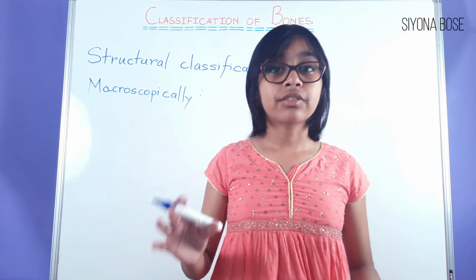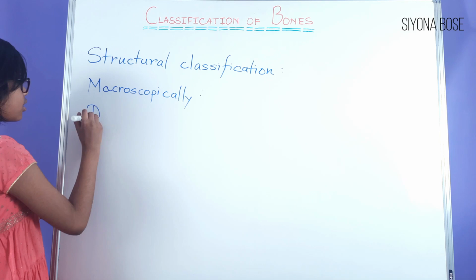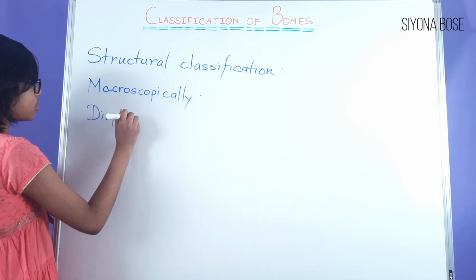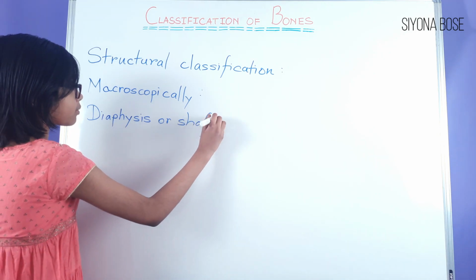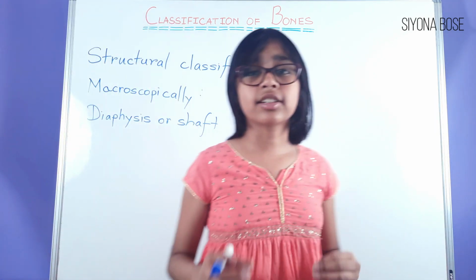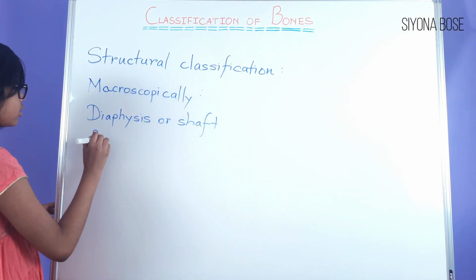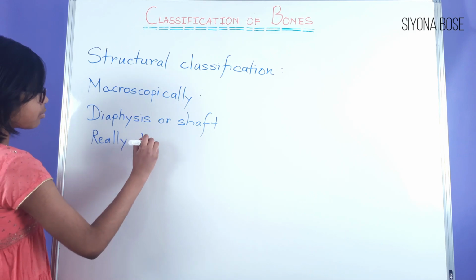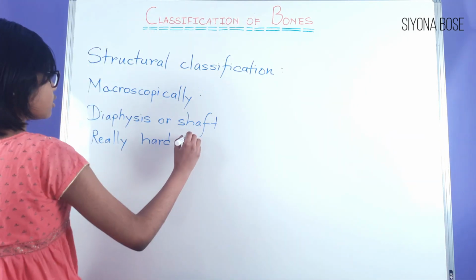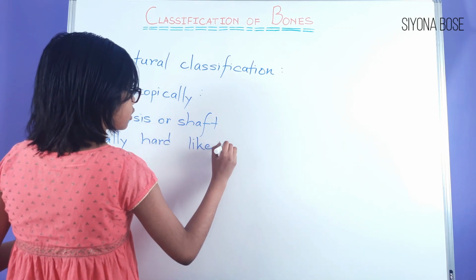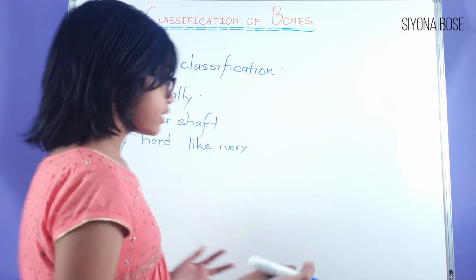So let's begin. First, our topic is about the diaphysis or the shaft. The diaphysis or shaft is like a hard substance. It's really hard, like ivory, but it's very porous.